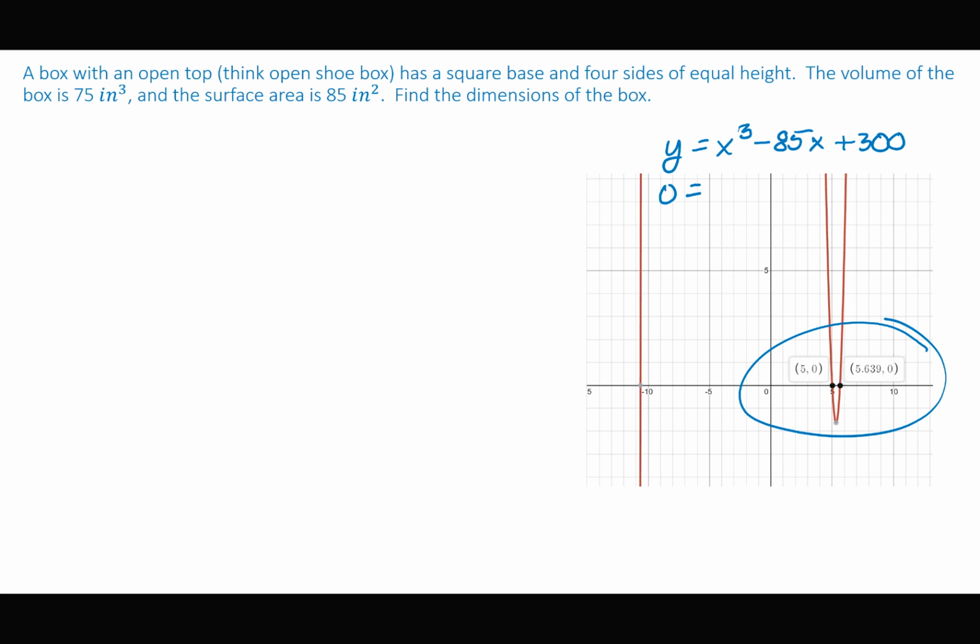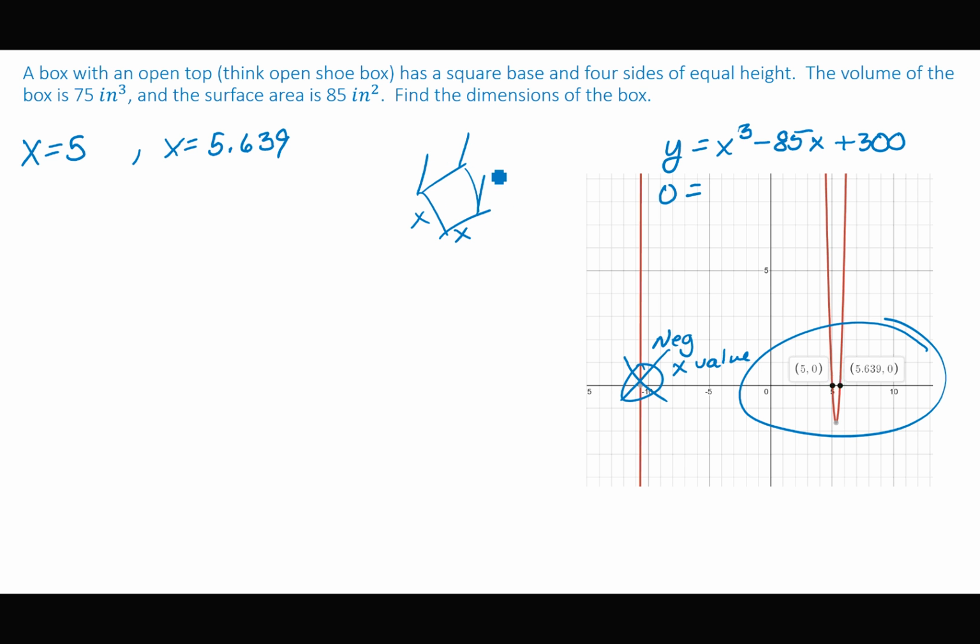So right there, and I'm not going to look at this one because this would tell me I have a negative x value, and that doesn't make sense in the context of our problem, because remember, x was a dimension. That's going to be the length of our square's edge, and so we're not going to worry about any negatives. And so my only options now are when x is equal to 5 or when x is 5.639.